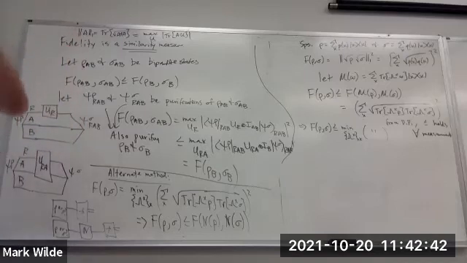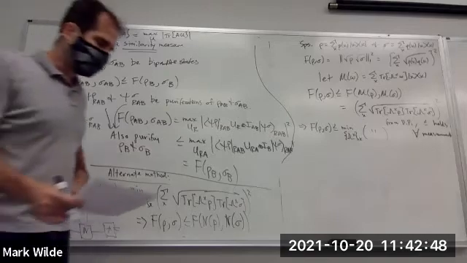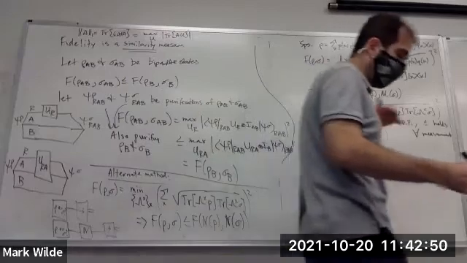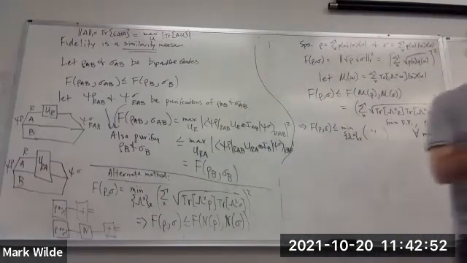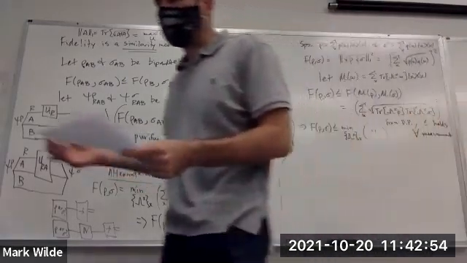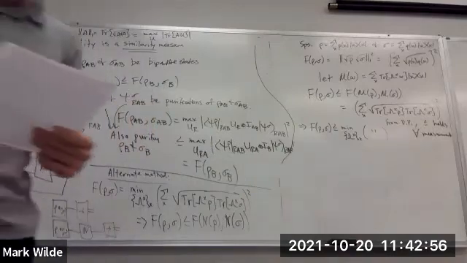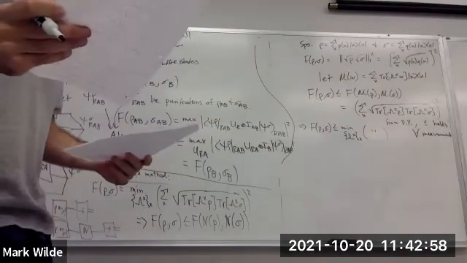Now, here's the interesting thing. To exhibit a choice of a measurement that achieves equality. And that's what I think I was very impressed by. This is something Chris Fuchs did in his PhD thesis.